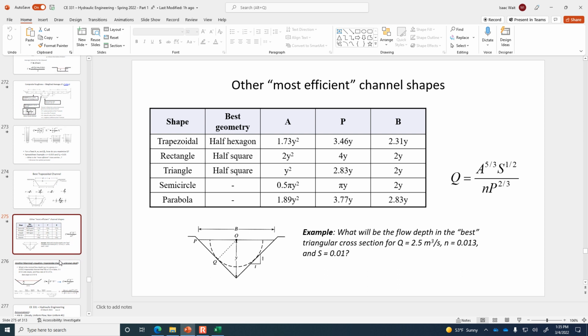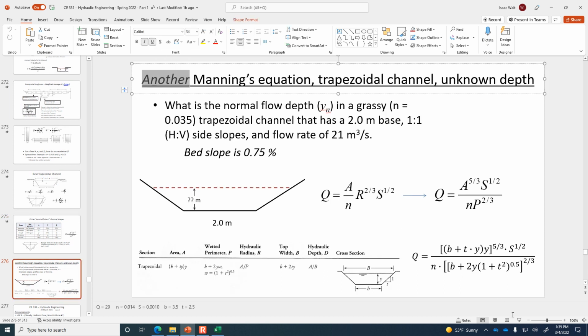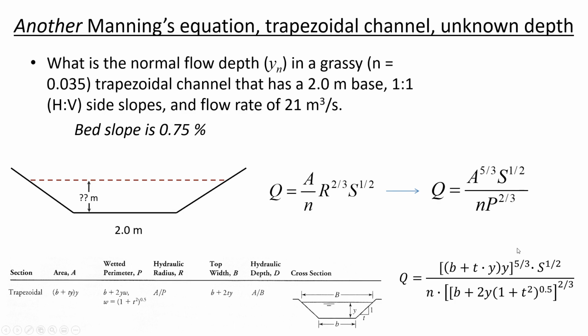All right, lastly, let's do another Manning's equation, trapezoidal channel, unknown depth problem. I think by now you're probably getting the sense that these are important, given the number of these that we've solved in class and the ones that you get in the homework.